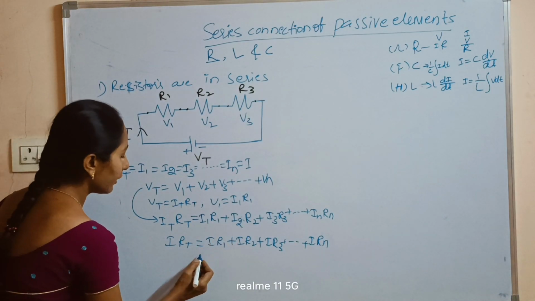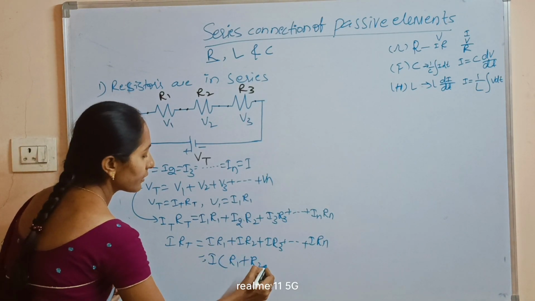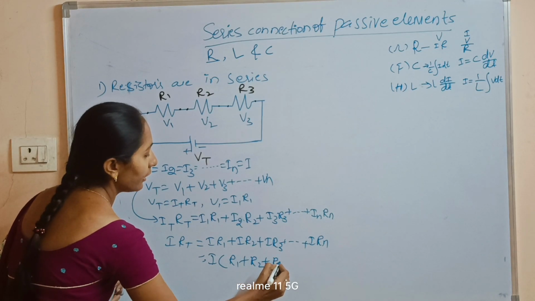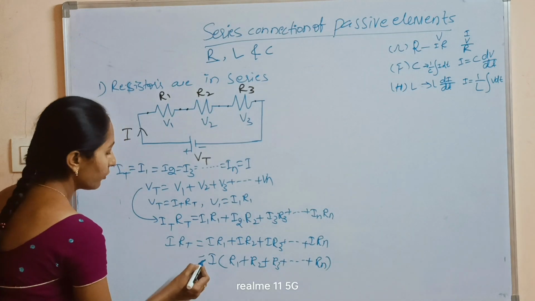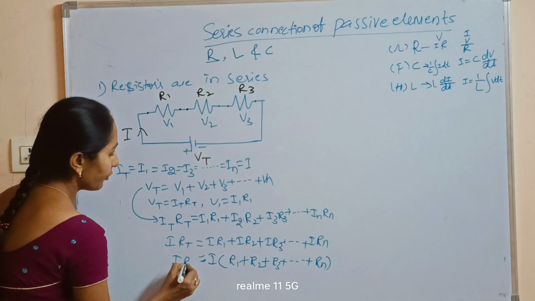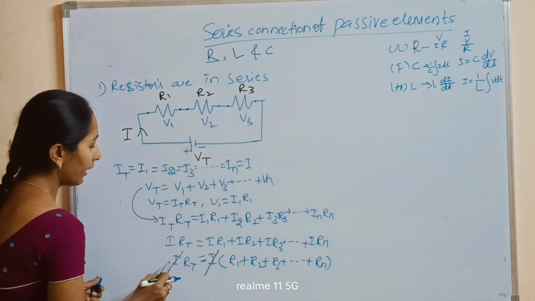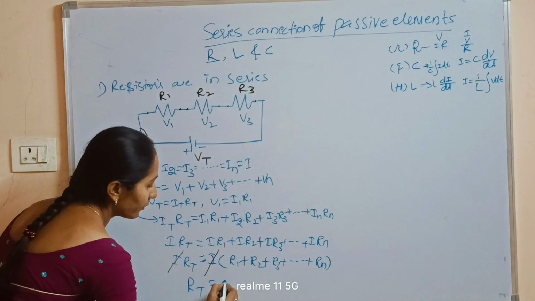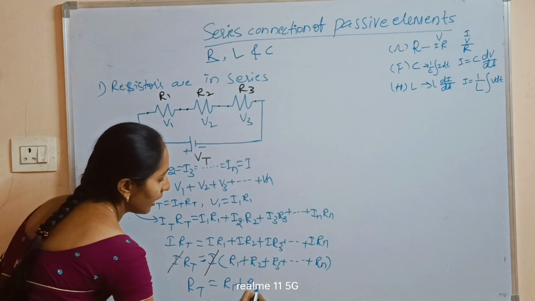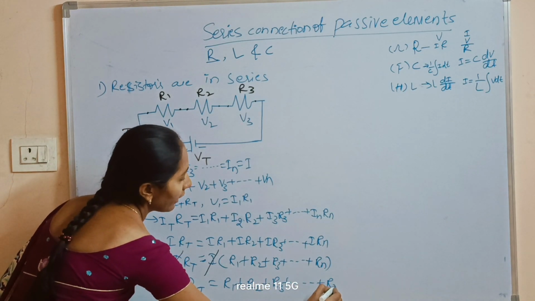Now I can take I common: I times (R1 plus R2 plus R3 plus so on plus Rn). On the left hand side, I into R total. So I total and I get cancelled. Finally we get R total equals R1 plus R2 plus R3 plus so on plus Rn.